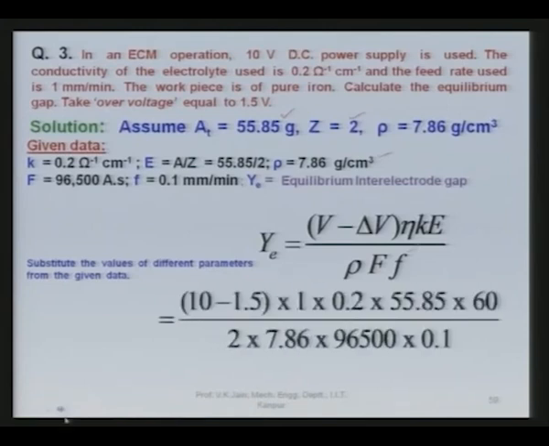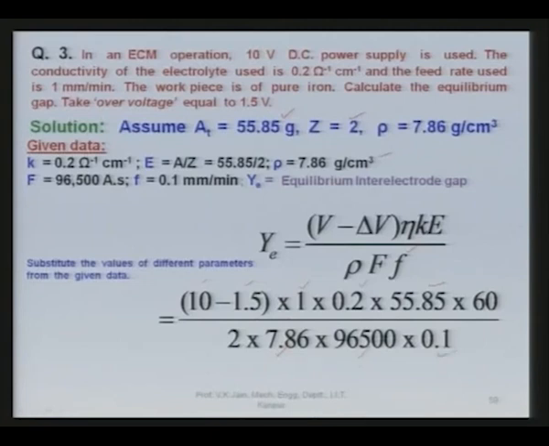Substitute the values: this is the 10 volt given over there, this is the over potential. For other values, like efficiency, noted here efficiency has been taken as 100%, that is 1. Unless it is given, you can always take it as 1. K is 0.2 and E is 55.85, and you can take this as the density, Faraday's constant, and this is the feed rate.